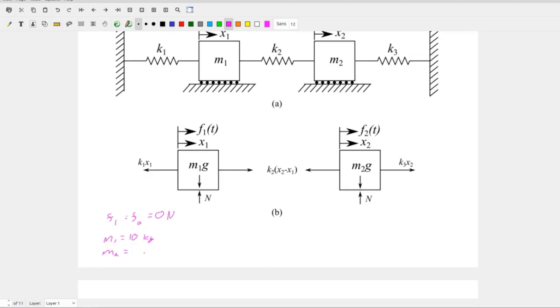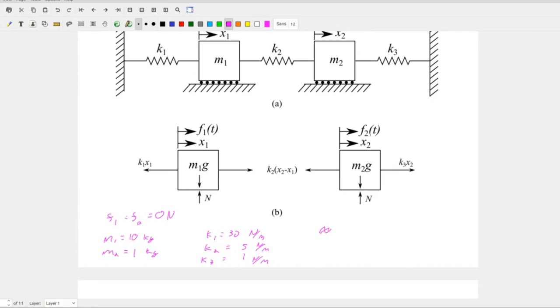M2 is equal to 1 kilogram. K1 is equal to 30 newtons per meter. K2 is equal to 5 newtons per meter. And K3 is equal to 1 Newton per meter.